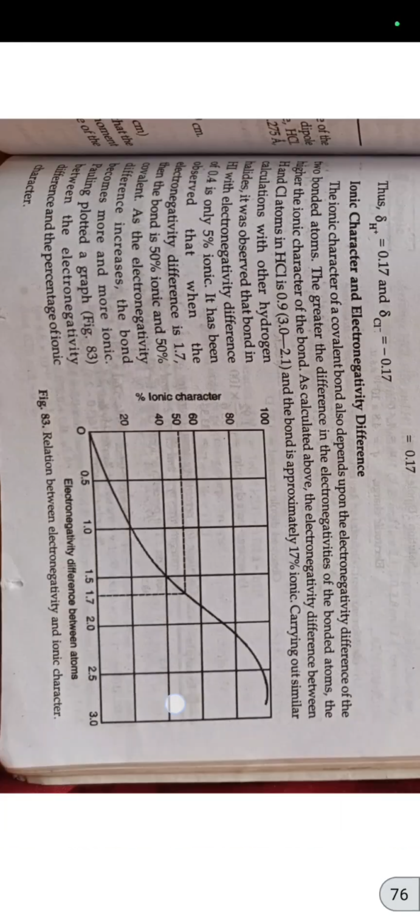Ionic character and electronegativity difference. The ionic character of a covalent bond also depends upon the electronegativity difference of the two bonded atoms. The greater the difference in the electronegativities of the bonded atoms, the higher the ionic character of the bond. As calculated above, the bond in HCl is approximately 17% ionic.